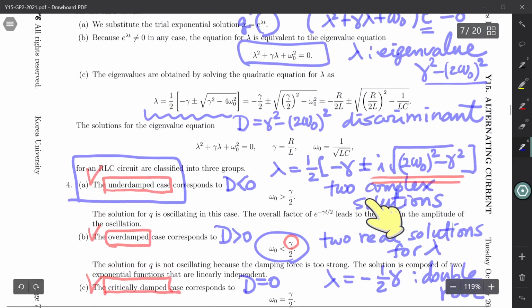Let's see. If omega 0 is greater than half of gamma, we can flip the order.